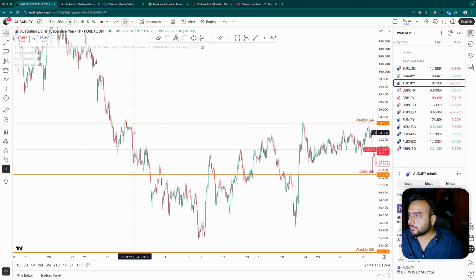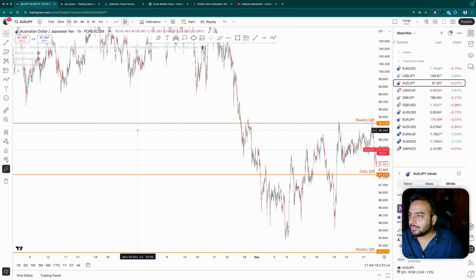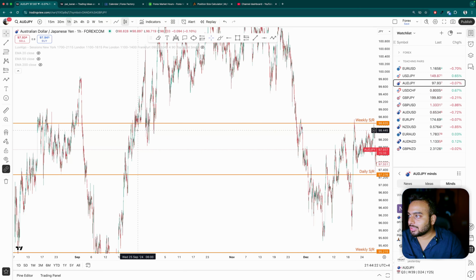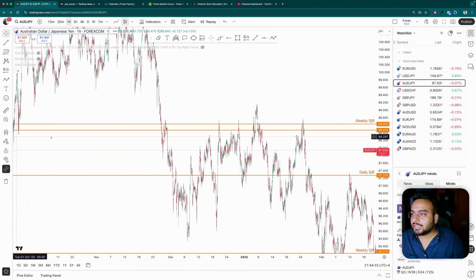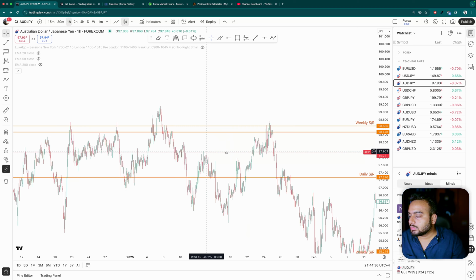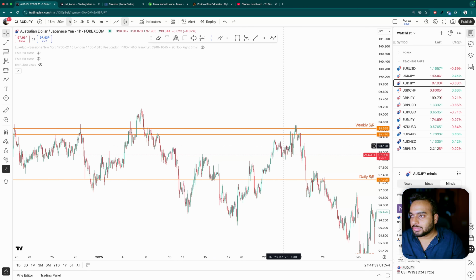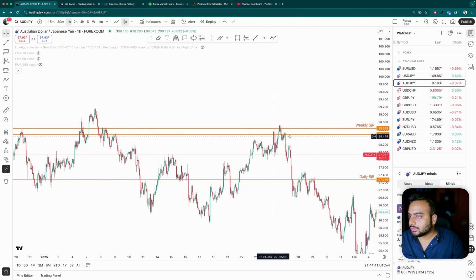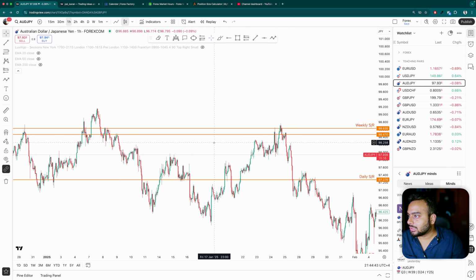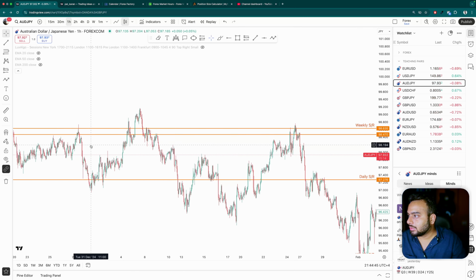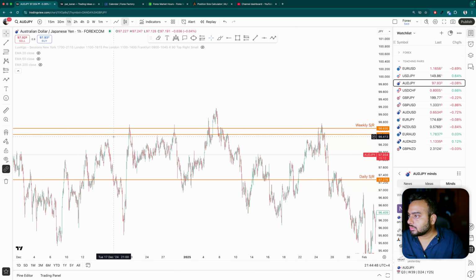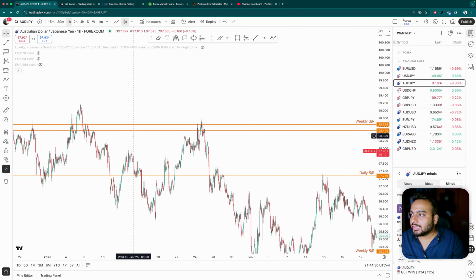So this area, this price level is acting, I see, as some kind of support zone. It's acting as a support zone as well as resistance, of course. So right here as well, you can see it's almost touching this level right here. So it's kind of acting as a support zone.